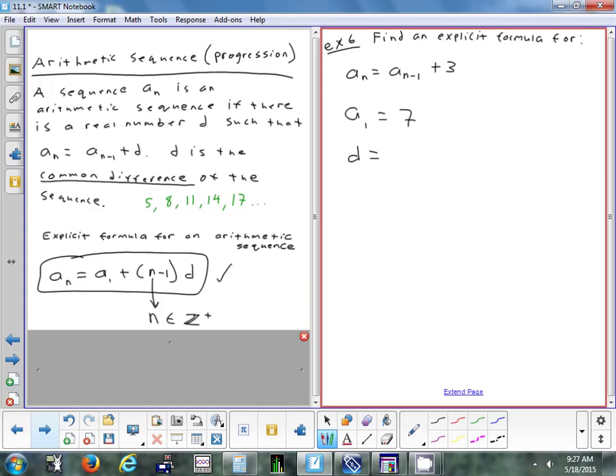Yeah? 3. Just fill in those two numbers in the formula and see what we get. So we get a sub n equals the first term plus n minus 1 times 3. Anything that you can distribute and simplify, go ahead and do that out.